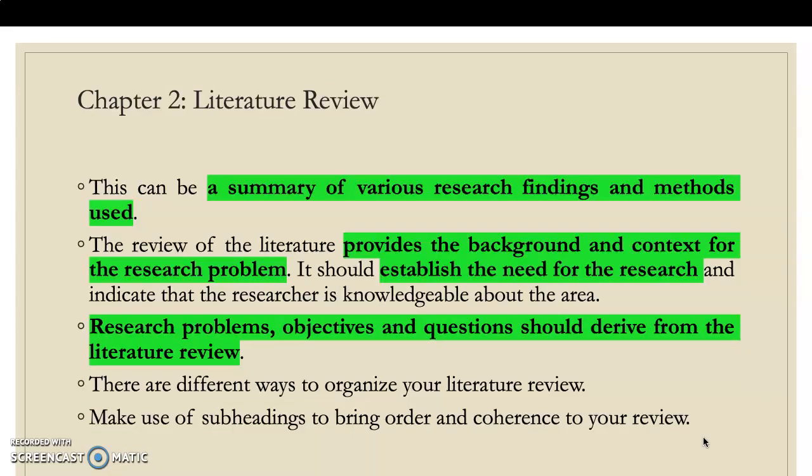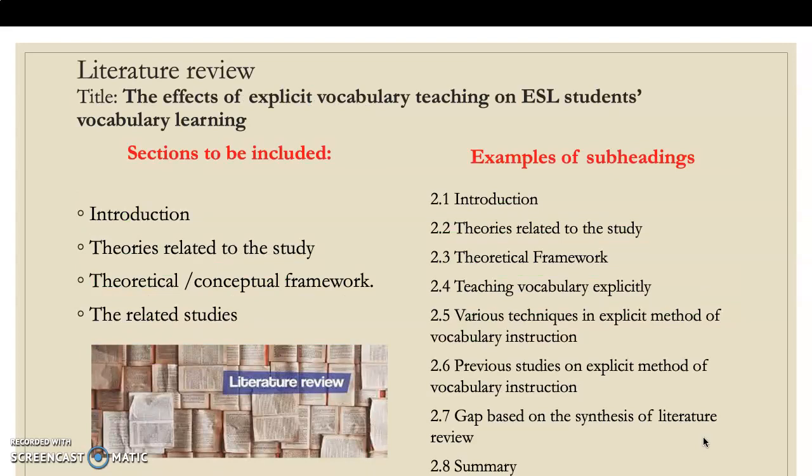Okay, now chapter 2. Chapter 2 is the literature review. In chapter 2, you write a summary of various research findings and methods used. This is from past literature. You highlight all the studies that have been conducted related to the study that you want to focus on. So the structure will be something like this. The sections should include introduction, theories related to the study, theoretical or conceptual framework, and other related studies.